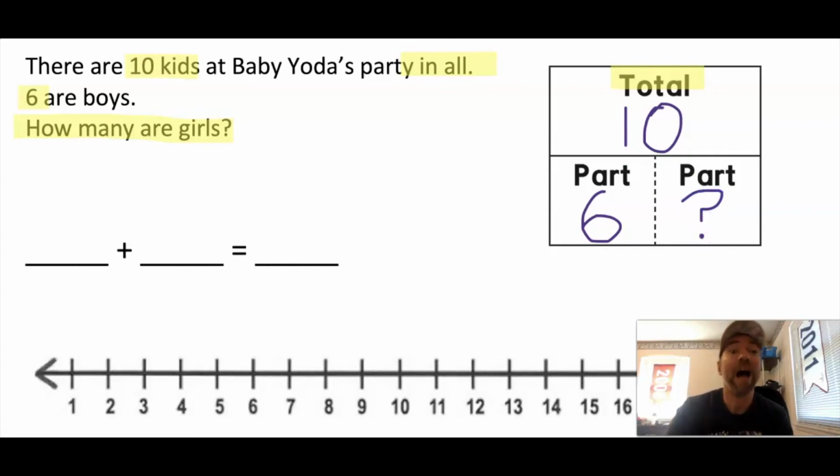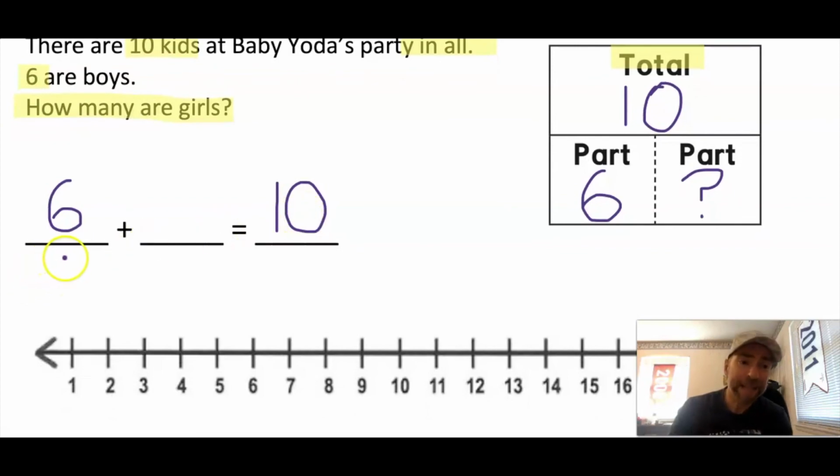So now I have a number model that starts with 6, because that's our boys. We don't know how many girls there are yet, but we know our total is 10. 6 plus a missing number equals 10. So I have my start and I have my end. I'm going to put a dot at the 6 because that's my start.